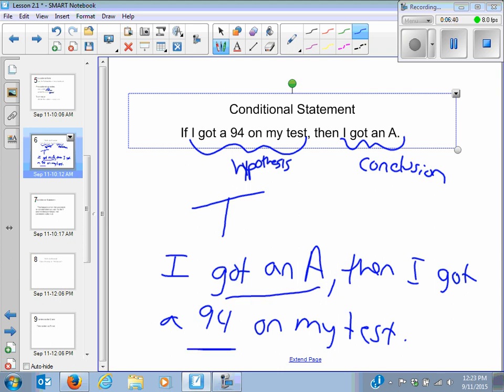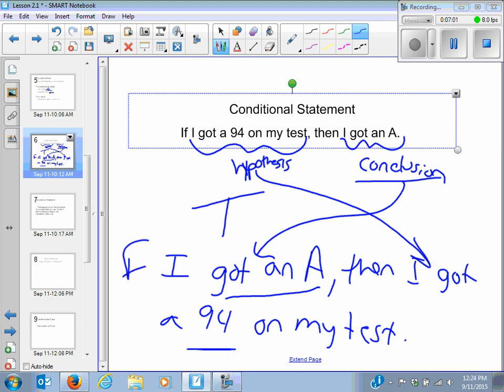There are other ways of getting an A on a test. You can get a 96 and you would still get an A. So the truth value of the converse for this one, remembering we flipped the conclusion and the hypothesis, would be false.